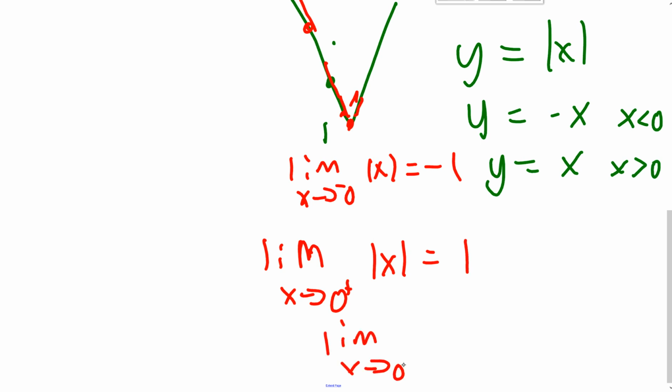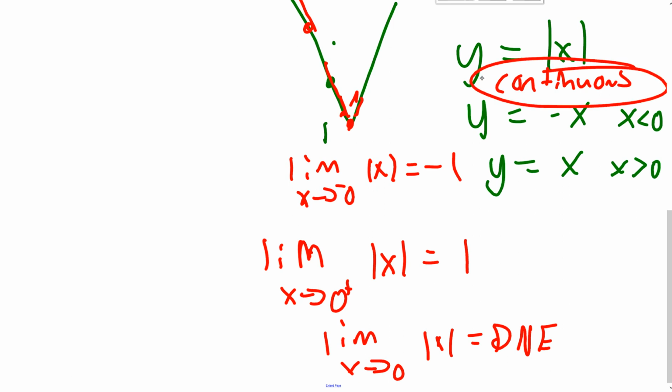If the left-handed limit equals something different than the right-handed limit, then what's the overall limit? Does not exist. So here I have a continuous function, but it's not differentiable because the derivative at 0 does not exist. So it's continuous at 0, but the derivative doesn't exist at 0. So just because it's continuous doesn't mean it is differentiable. If it's differentiable, then it's continuous, but not if it's continuous, it's differentiable. If that confuses you, sounds good.